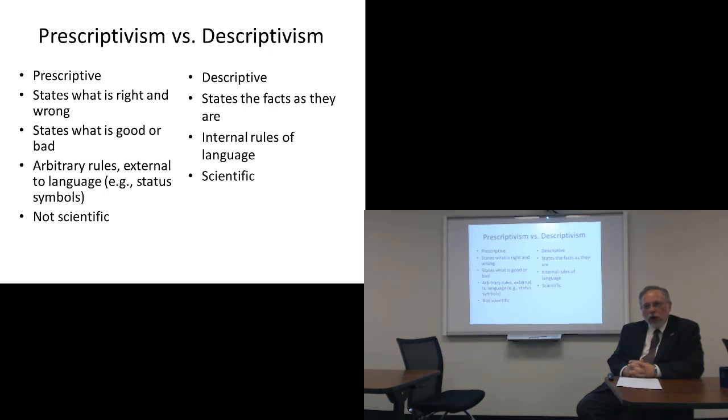In other words, when you say to somebody, don't say there ain't no good place for that, say there isn't a good place for that, what you're really saying is, please don't sound like a poor person. Okay? You should sound like an educated person, which is a person that can afford to be educated, i.e. is rich. Okay? So that's what people are really saying.